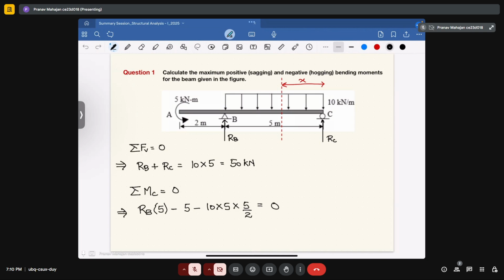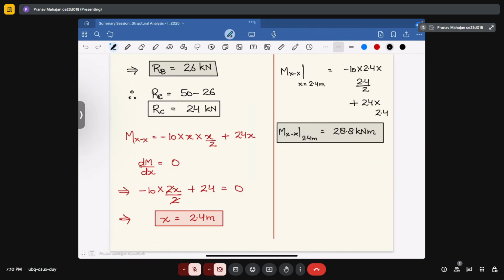So we applied summation of moment about any point equal to zero, in which we have taken all the clockwise moments to be positive and all the anti-clockwise moments to be negative. When we simplified everything, we got the reaction RB equal to 26 kilonewton. After calculating reaction B, when we substitute back in equation number 1, wherein the summation of reactions is equal to 50, we got the reaction RC equal to 27 kilonewton.